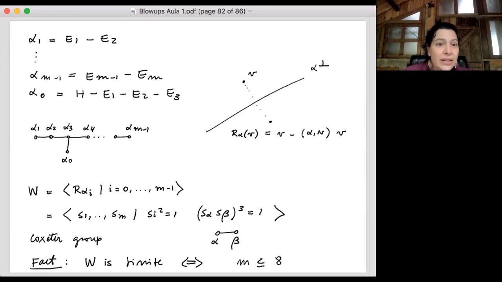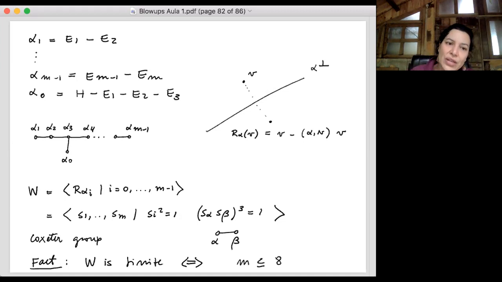And if you forget about alpha 0, and look at the group generated by the reflections along alpha 1 up to alpha m-1, this would give us exactly the symmetry group. So this corresponds to the permutation of the m points.